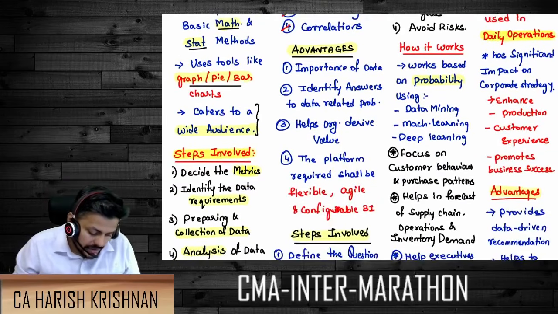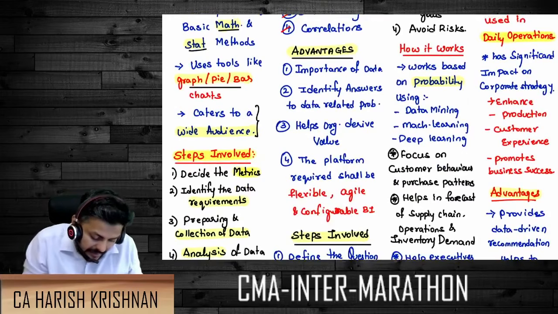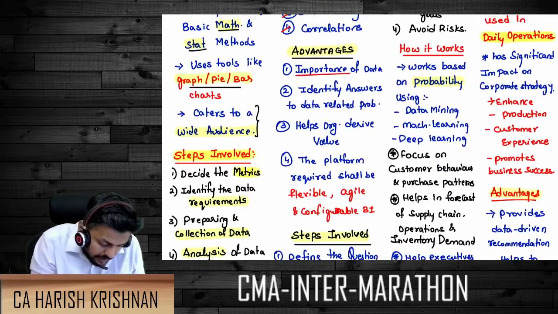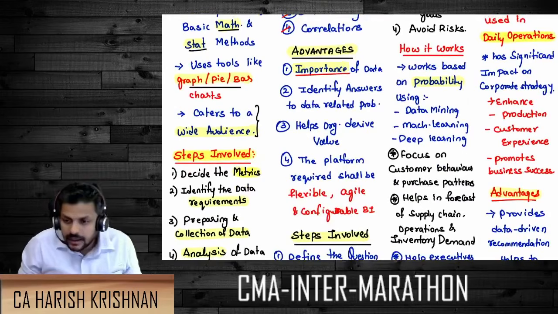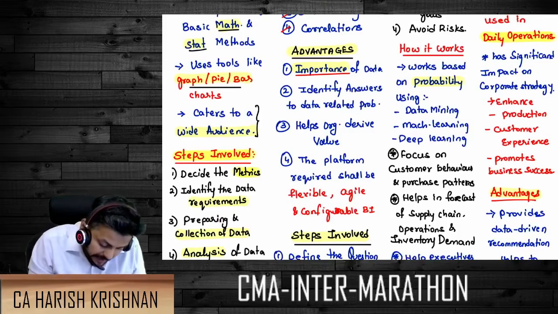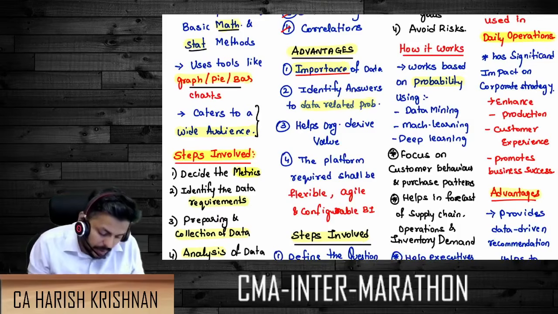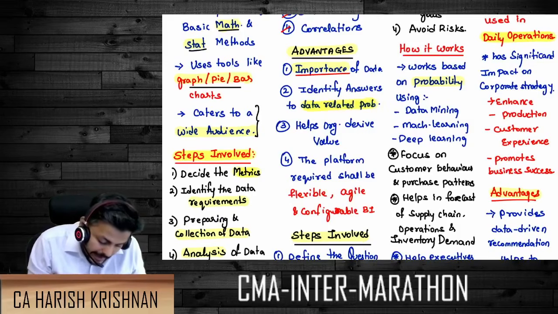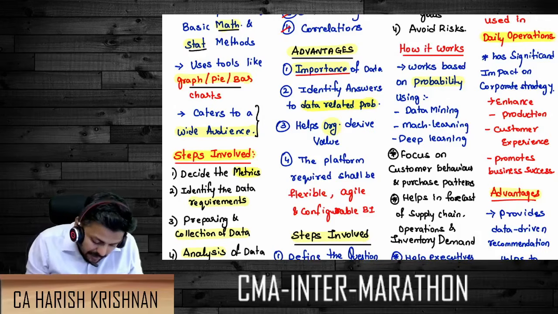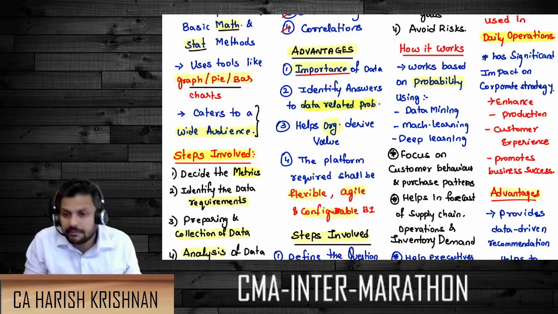The advantages of doing a diagnostic analysis are: it identifies and tells you the importance of data, which part is important; you can diagnose, identify the answers to data related problems; it helps you to organize or derive value. The platform required shall be flexible, agile, and configurable business intelligence.